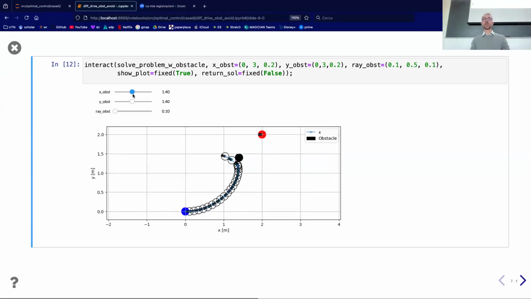I can make it bigger or smaller. Okay, and here, look, I found another locally optimal solution, which is pretty bad. So it turns out if you put the obstacle exactly, it seems to be exactly in the middle, along the segment that connects the starting state and the final state, at that precise distance, the solver finds this solution here which is not very good, which doesn't reach the target.